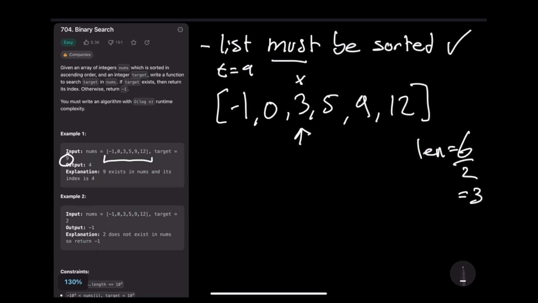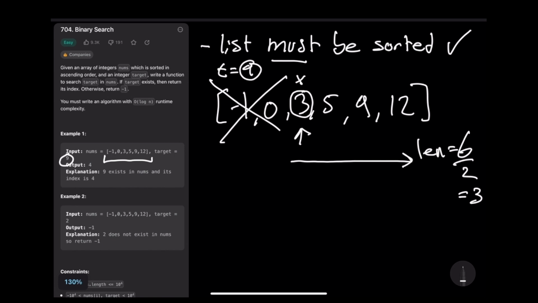Because it's sorted, we know that our target 9 is bigger than the current value of 3. That's a key bit of info, because that means we know that we have to start searching to the right. We know that our target, if it's in the array, is somewhere to the right of the value we just looked at. So instantly, we can just ignore everything to the left of what we just checked.